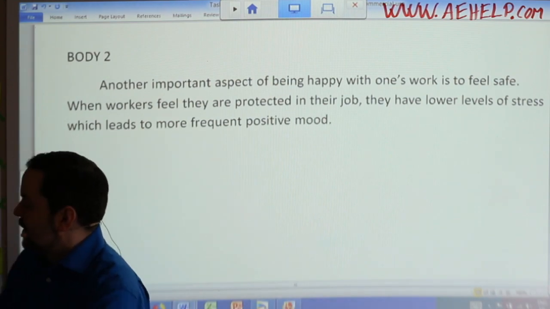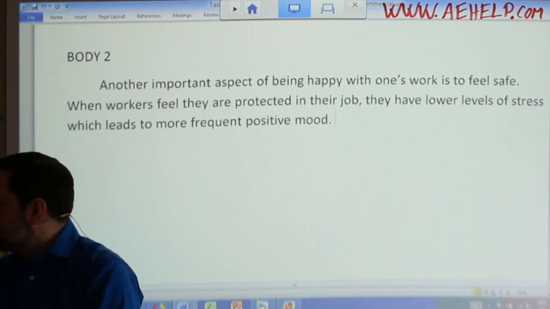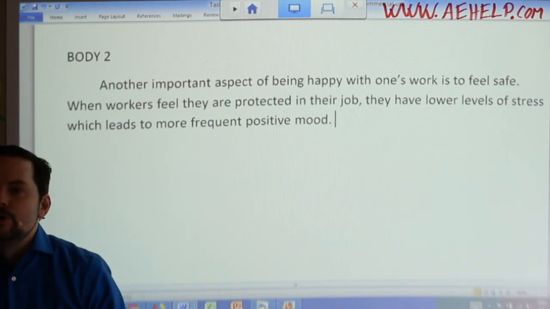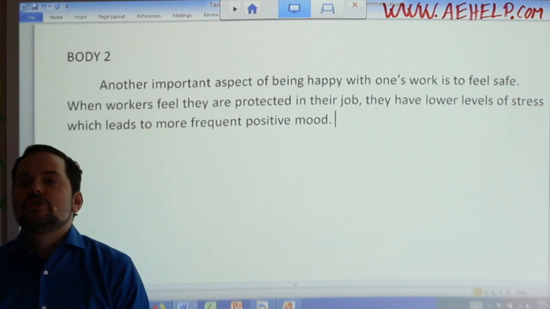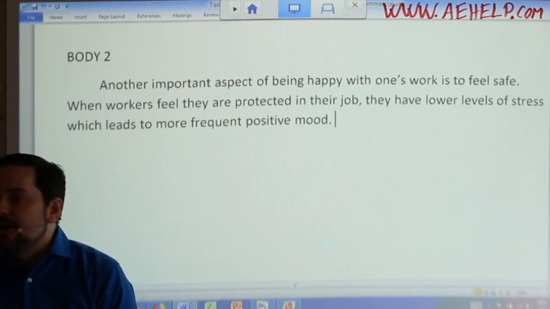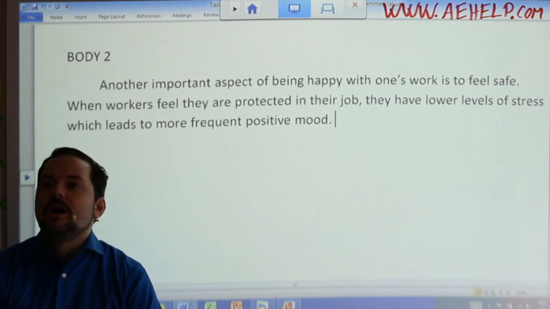Say that. So when workers feel they are protected in their job, they have lower levels of stress, which leads to more frequent positive mood. Okay, so that one is a good explanation there, and some of you got that.